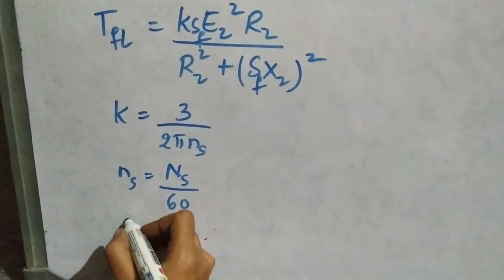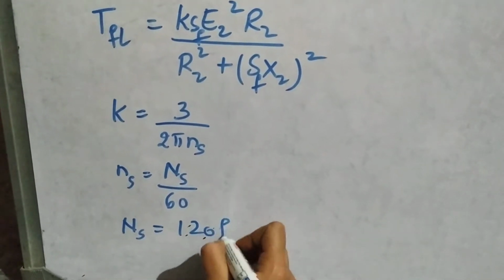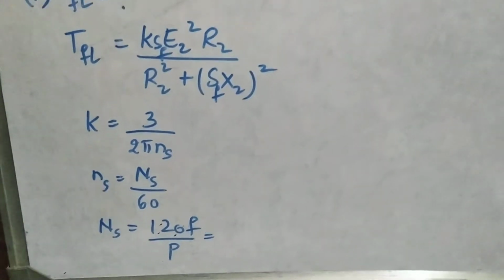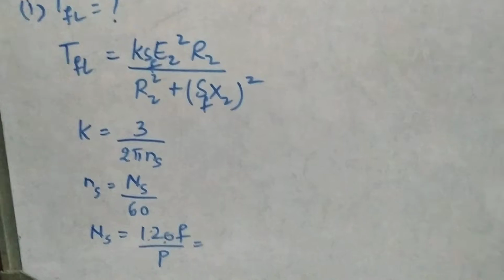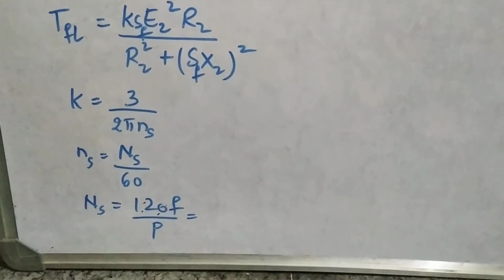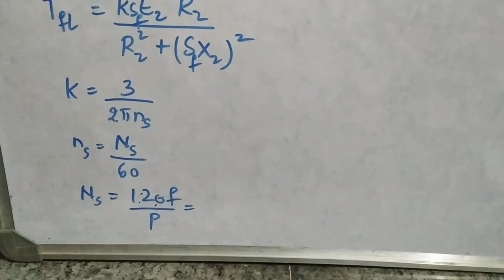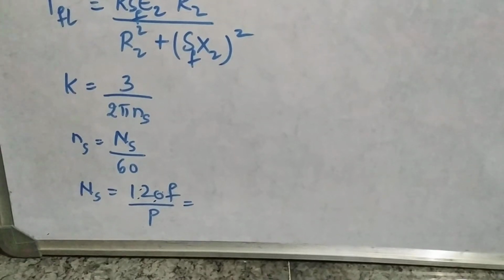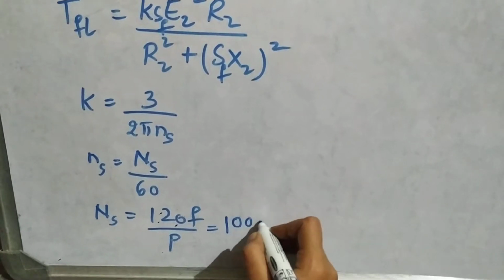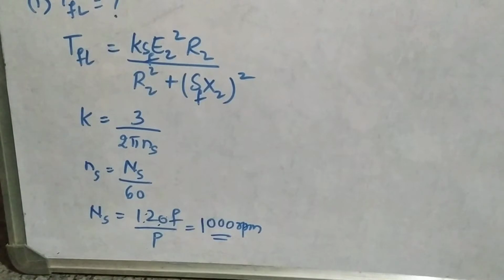Capital Ns is 120 F by P. When you solve this you will get around 1000 RPM, that is the capital Ns value.